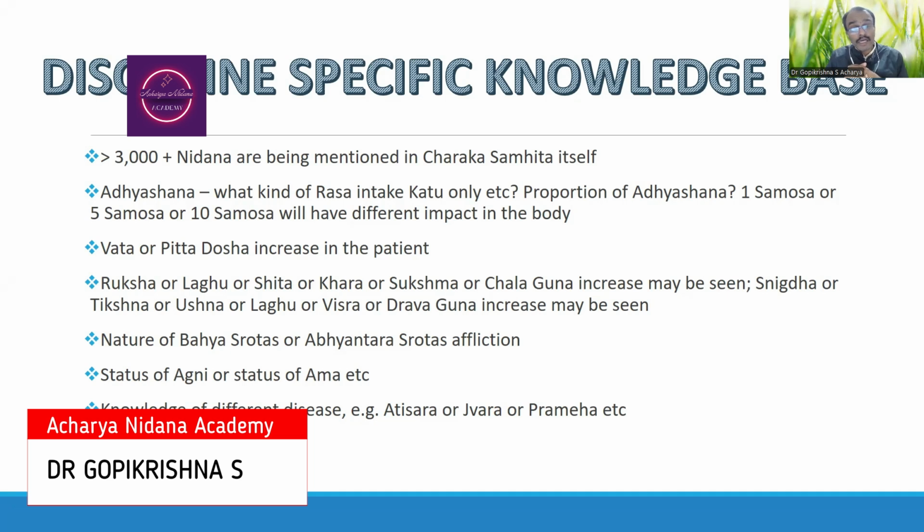Whereas prameha, the person will have frequent micturition. That is, prabhutam prachuram varam varam mutratyagam karoti yasmin roge sa prameha. When the person has increased frequency of micturition, then we are going to make the diagnosis of prameha.